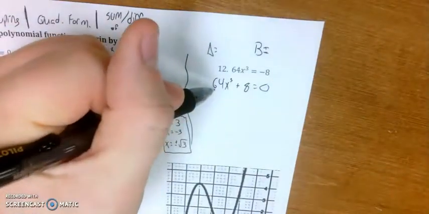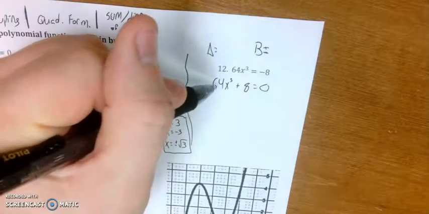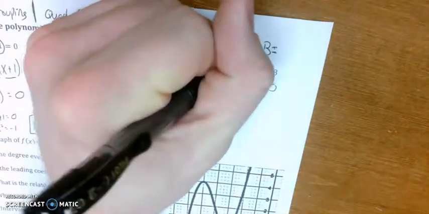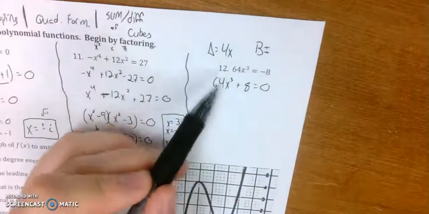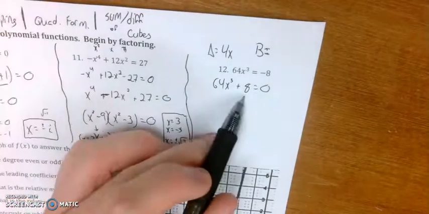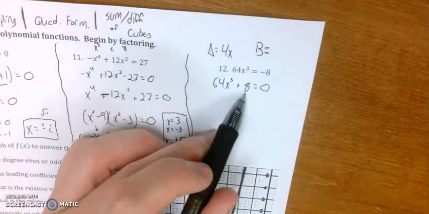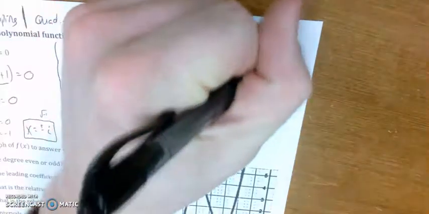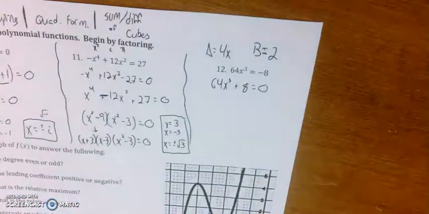Well, a is going to be what quantity cubed would give me 64x to the third, and that would be 4x. 4 to the third power is 64, x to the third power is x cubed. B is what number to the third power would give me 8? Well, that'd be 2.